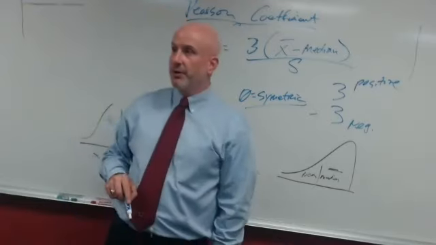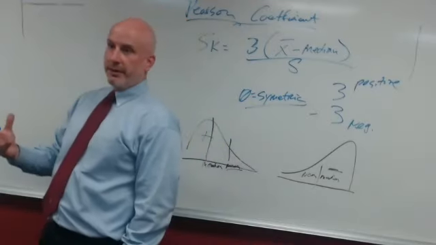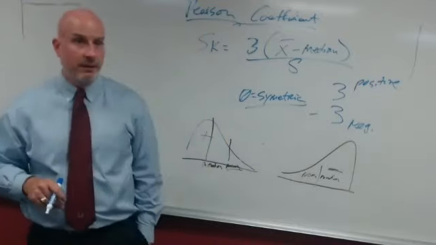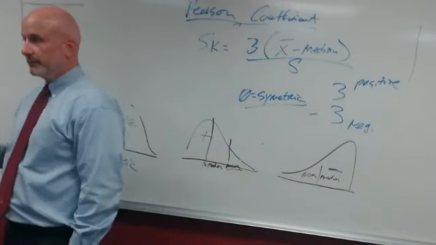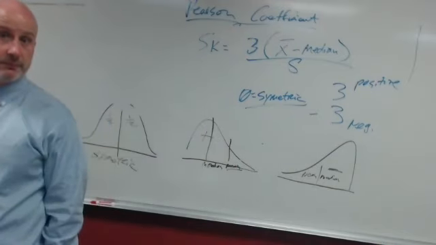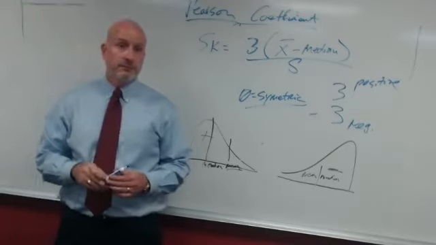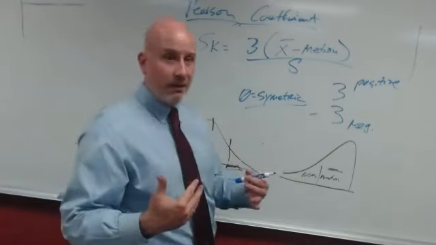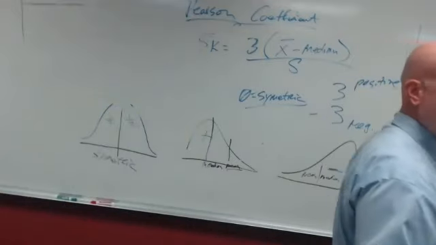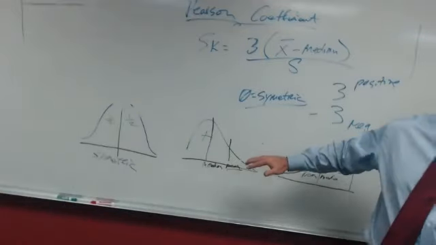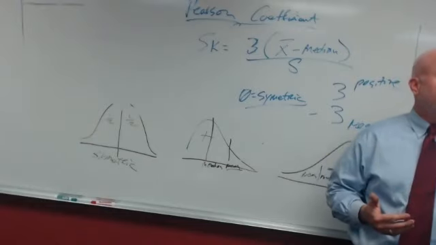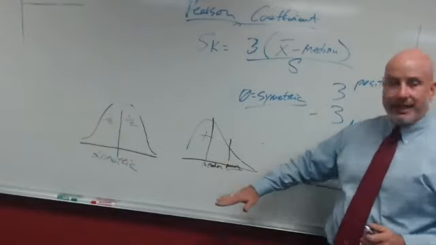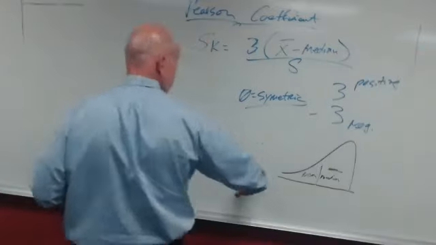So if you wanted to measure the strength of skewness, you would apply the Pearson coefficient. If you wanted to measure the strength of the skewness, I would apply this formula. Like I say, in statistics, it's one thing to look at this and say this is a positively skewed distribution.